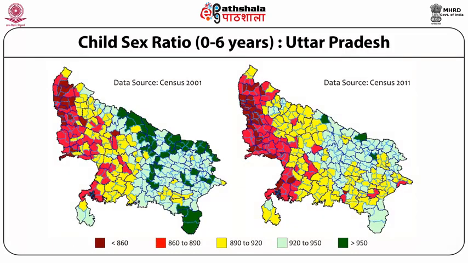Now we are looking at the sub-districts, because districts are too big in many parts of India. So when we look at sub-districts, we see the changes which are happening at smaller levels, and therefore this is what is disturbing. When you look at 2001, you saw a lot of good areas in green, which were much better than 950.